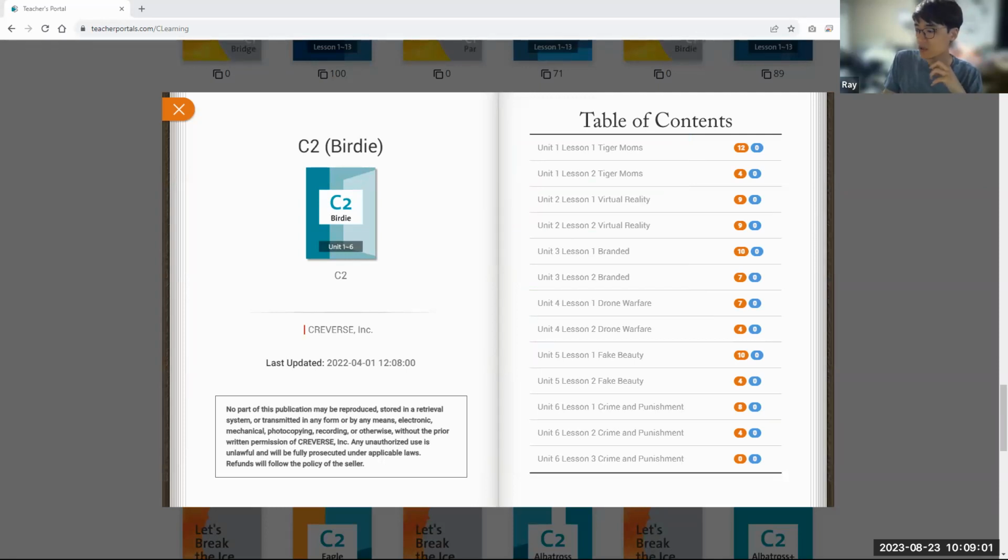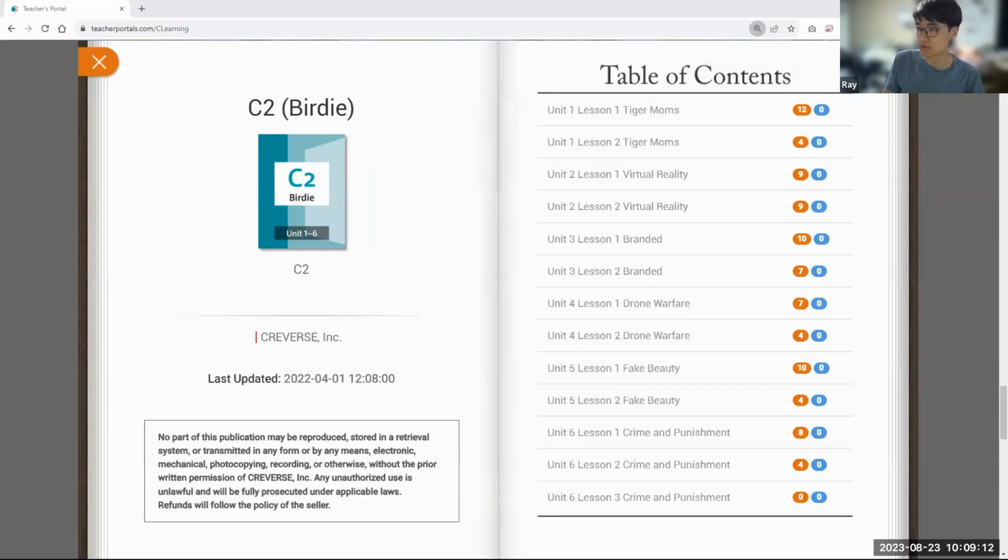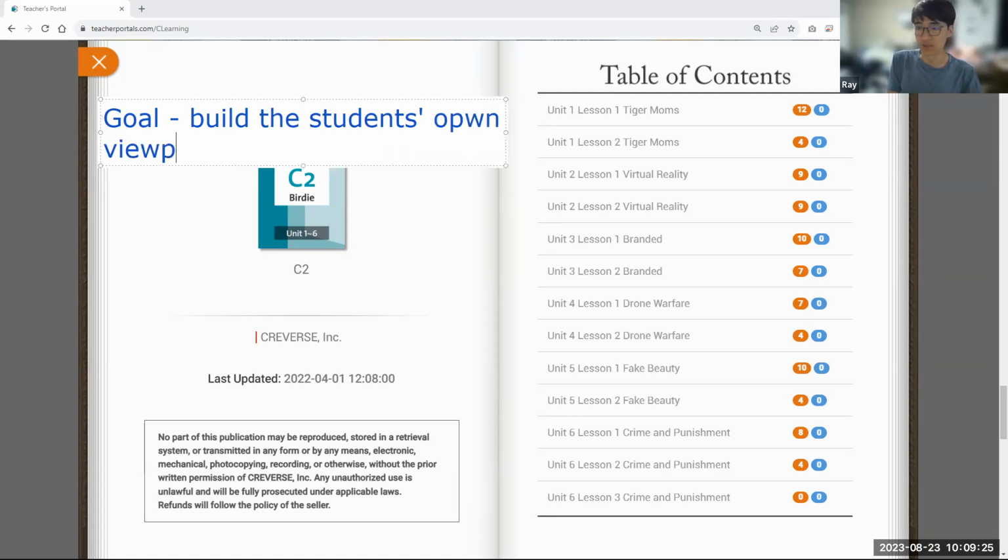The whole goal of C2, as you know, C2 is usually a day 2 class for most locations. The overall goal of C2 is actually to really build the students' own viewpoints, getting them to think about different perspectives.